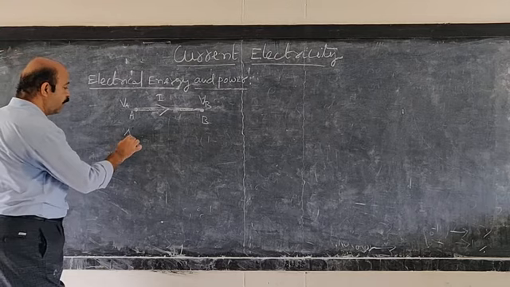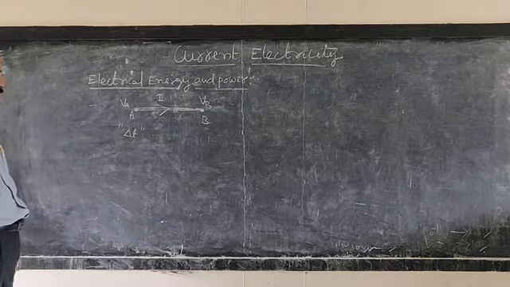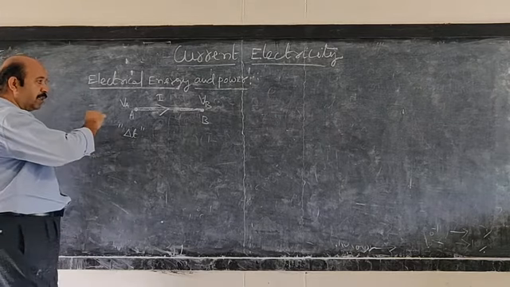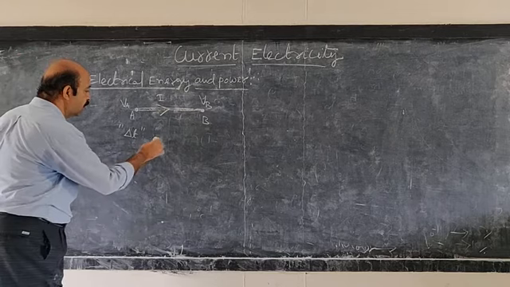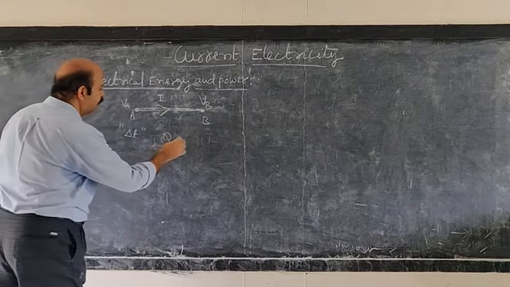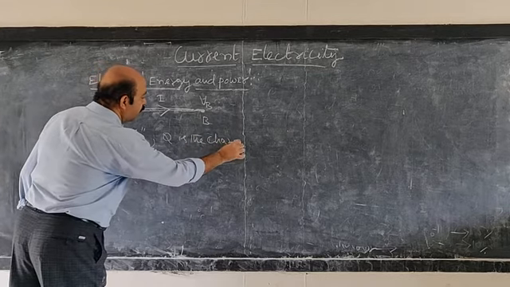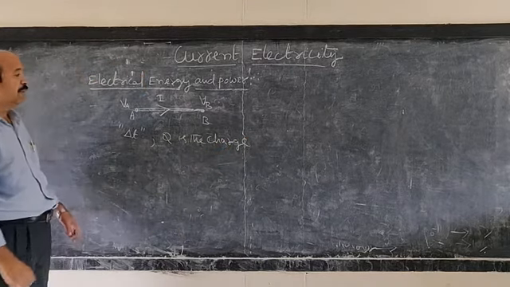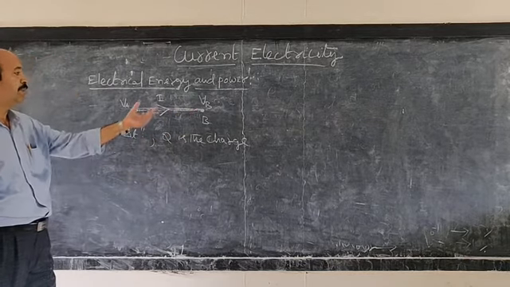So during a small time interval delta t, the charge that has flown from A to B, let us suppose Q is the charge. So a charge has flown from A to B during a time delta t.